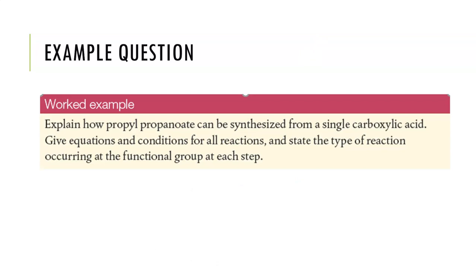So let's have a quick look at an example. This one is asking us how to make propylpropanoate from a single carboxylic acid. We have to give the equations and conditions for all reactions and state the type of reaction occurring at the functional group at each step. So we're going to start with propylpropanoate, and this is going to be a very simple example.